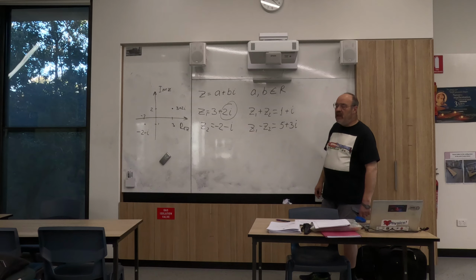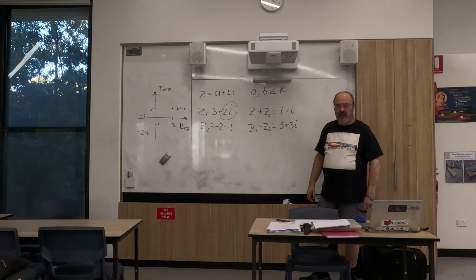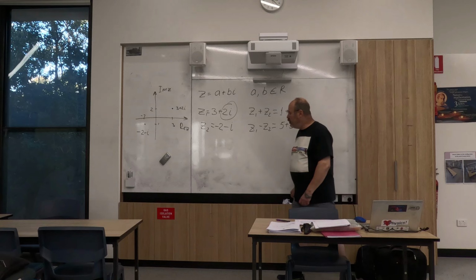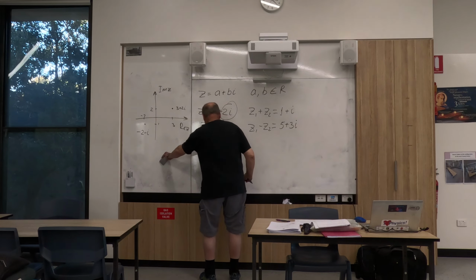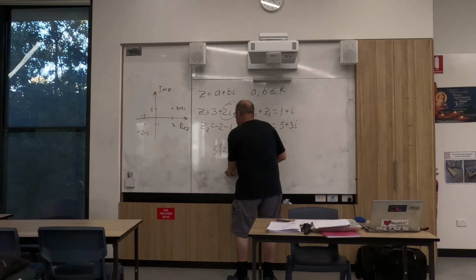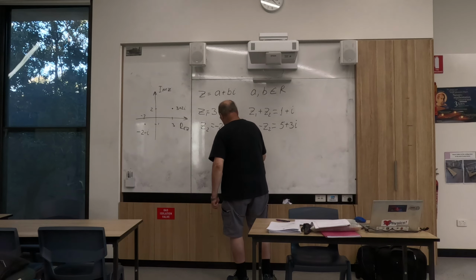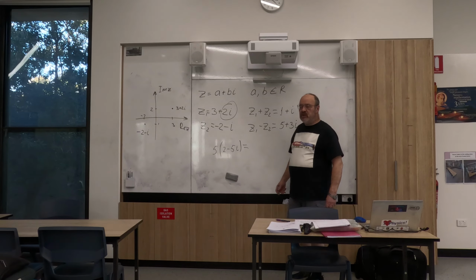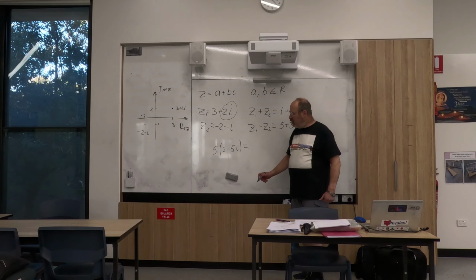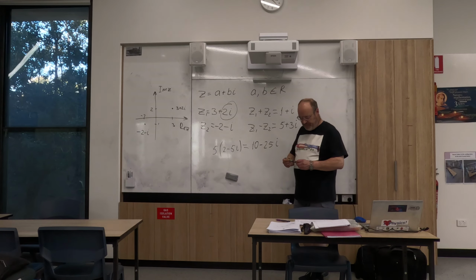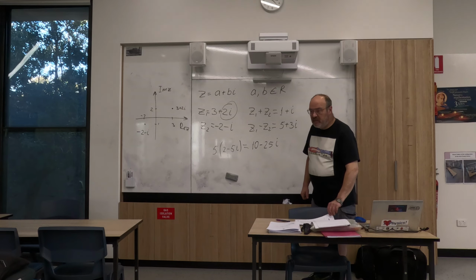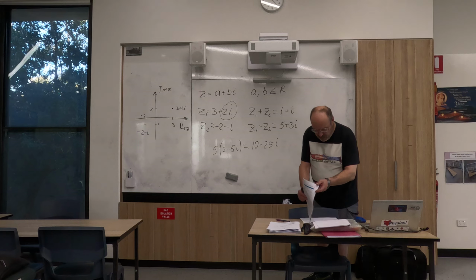Very simple. Now, if you multiply a complex number by a scalar, a real number, for example 5 times (2 minus 5i), we just expand the brackets as usual. We get 10 minus 25i. Make sense? Quite straightforward.